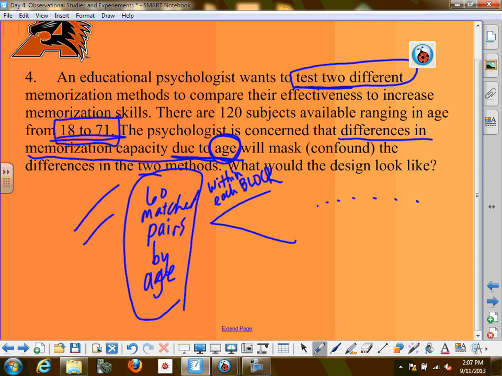And it needs to be related to the response. You think age has an effect on memory capacity, which is what you're testing about. If it is your color choice, and that has nothing to do with your memory capacity, like your favorite color, then you don't need to block by your favorite color. Okay? Only block by something that's going to matter to what you are measuring.